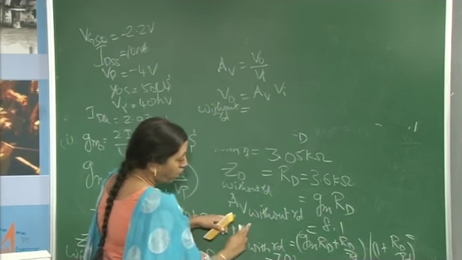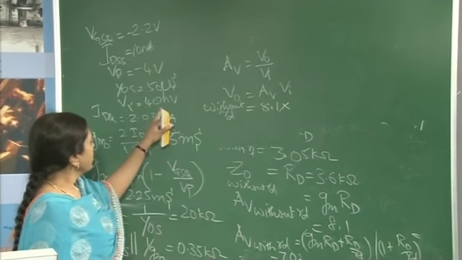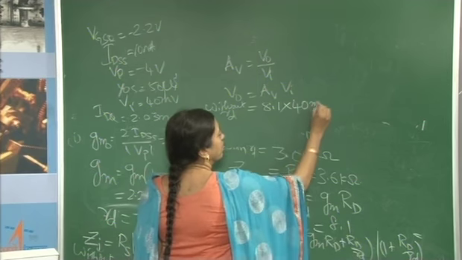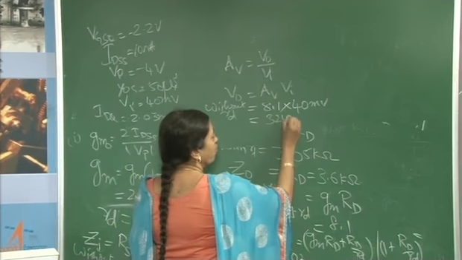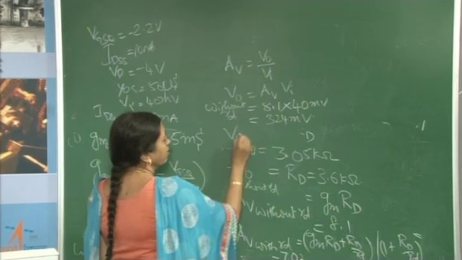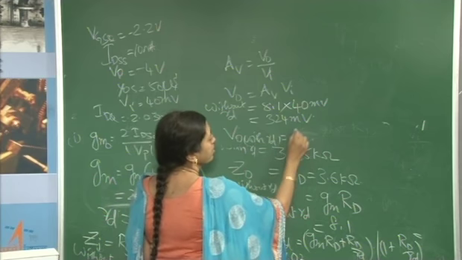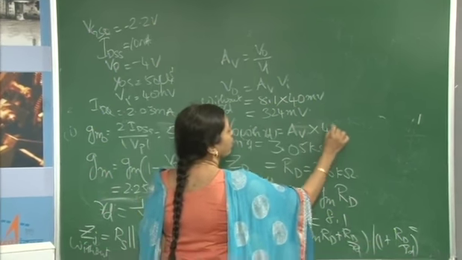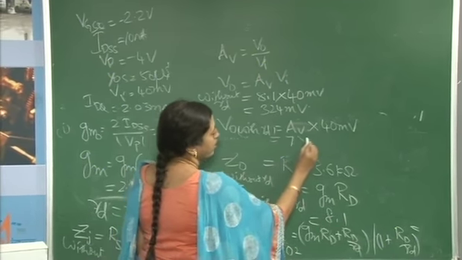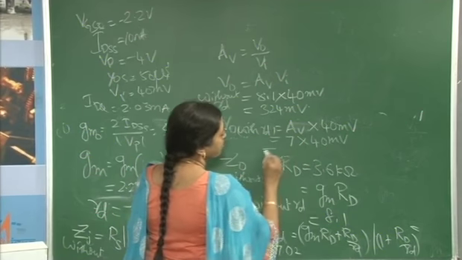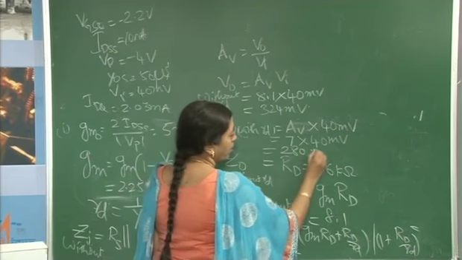Use the value of Av which we have evaluated without rd, that is 8.1 times the value of Vi, which is 40 millivolts. This comes to around 324 millivolts. On similar lines, calculate the value of V naught with rd. This is Av with rd into 40 millivolts. With rd we found the value of voltage gain to be 7, into 40 millivolts, which is around 280 millivolts.